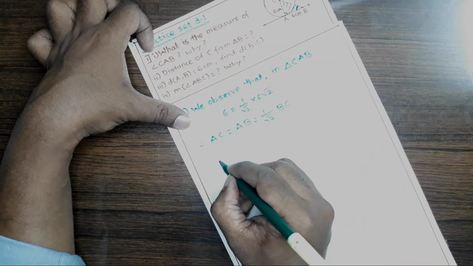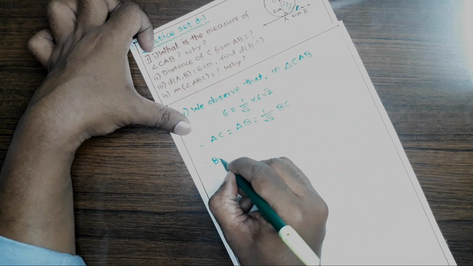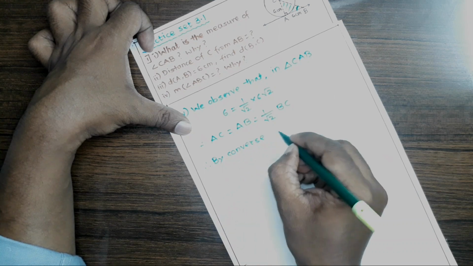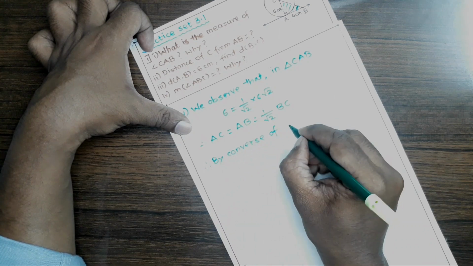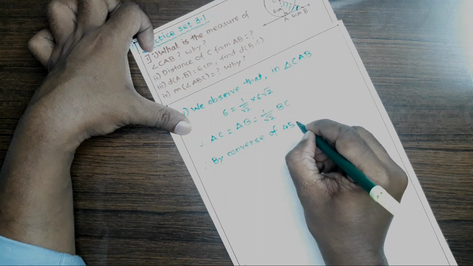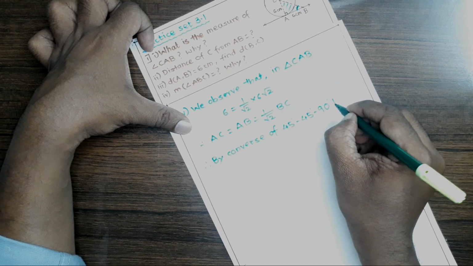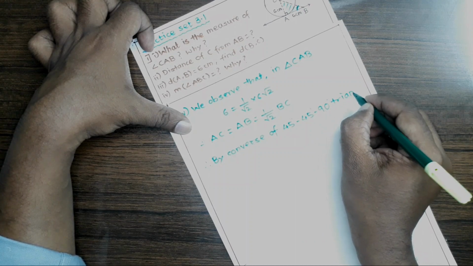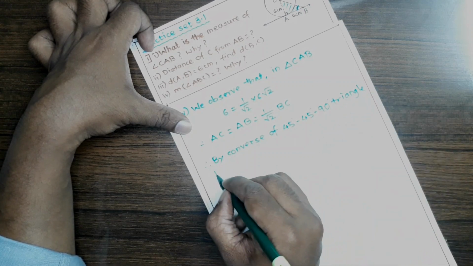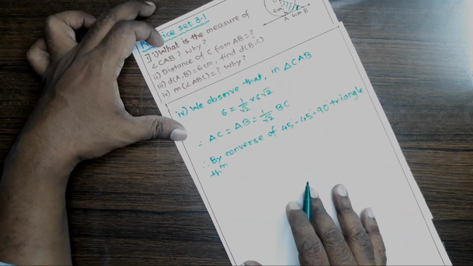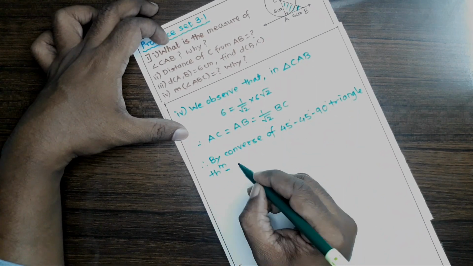Okay, and therefore by converse of 45 45 90 degree triangle theorem, which we have seen in chapter number 2, and in 9th standard also.